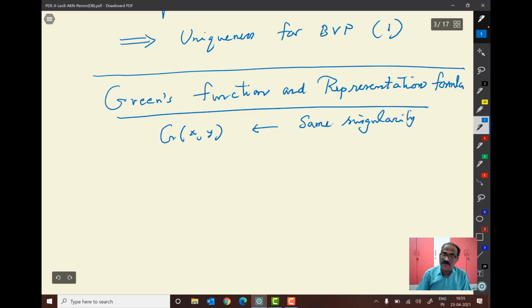You know that even though the fundamental solution has a singularity and it is not a harmonic function in the entire plane, it provides solutions. In one of the results we have proved that using the fundamental solution, you got the solution actually. So that singularity provides you solutions. It captures the source term, recovers the source term. So G(x,y) has the same singularity at x equal to y as that of the fundamental solution.